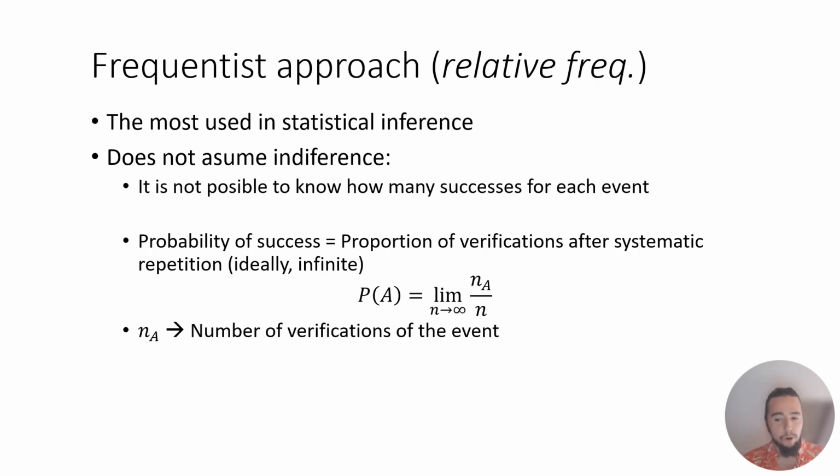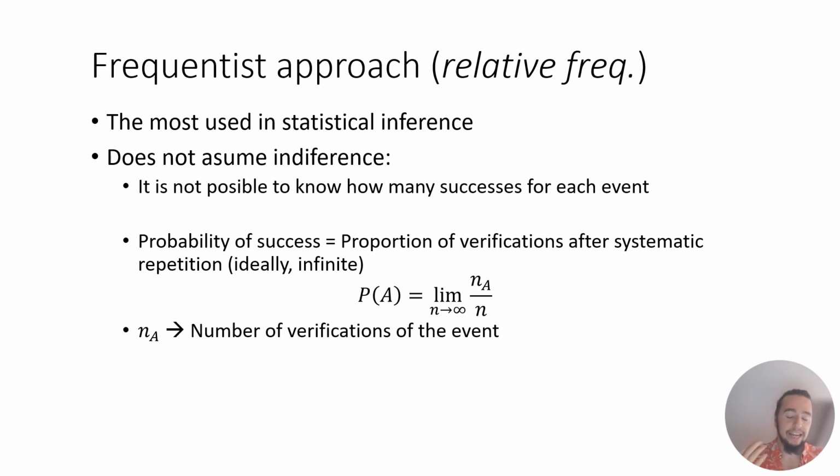The second approach is the typical approach that we use in statistical inference, called the frequentist approach or the relative frequency approach. This approach does not assume the indifference assumption. Therefore, we assume that it's not possible to know how many successes we need for each event, and the probability of success is also going to be the relative frequency, but depending on the number of times we repeat the event or the random experiment.